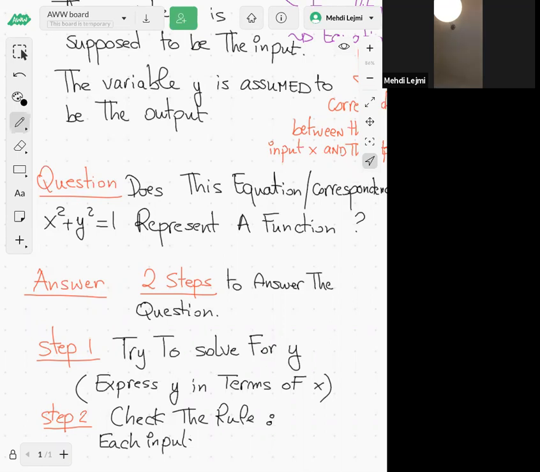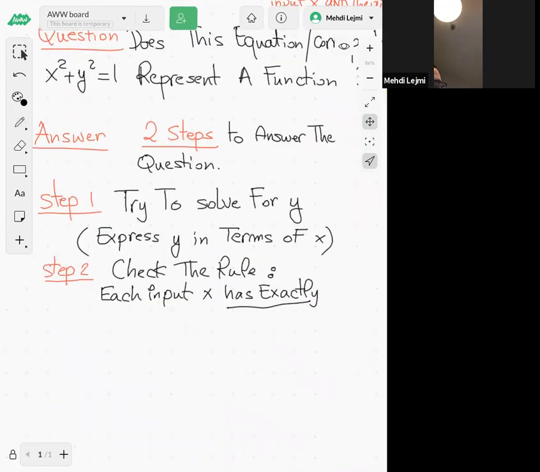Each input x corresponds to exactly one output. All right, so let's try to follow these steps.